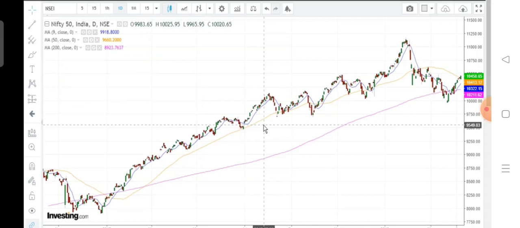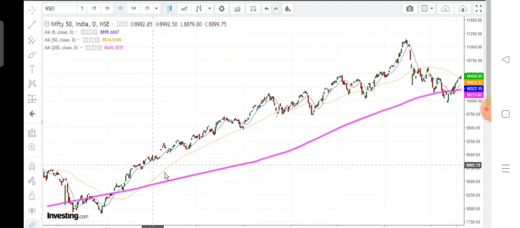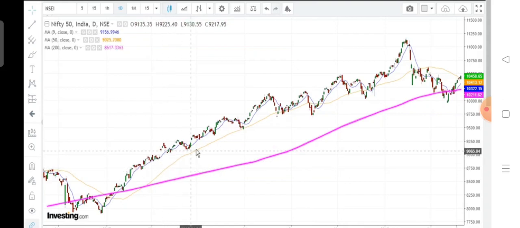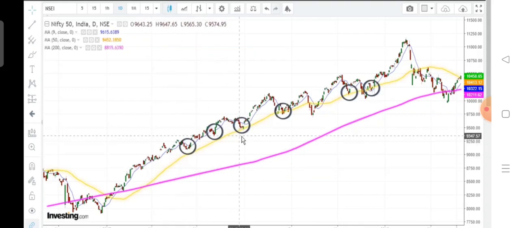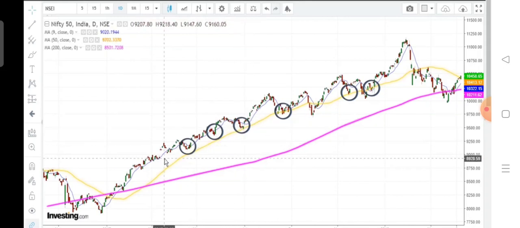Now, one important factor is that when price comes close to a longer term moving average, it is very significant. As we can see in the Nifty chart here, this is the daily chart, price came close to this 50-day moving average quite a number of times, but it didn't break, and the price moved higher and higher.